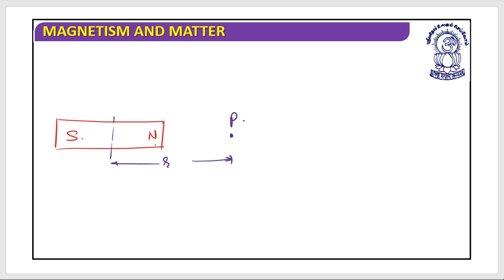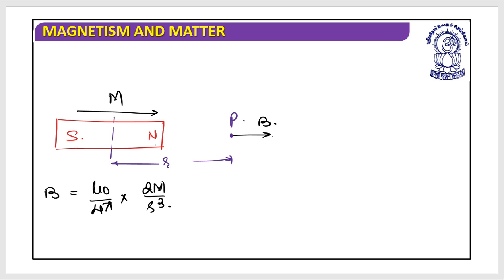As this is the south pole and this is the north pole, this is the magnetic dipole moment m, and this is the direction of magnetic field B. So here the magnetic field at the axial position is mu naught by 4 pi multiplied by 2m by r cube. And one more thing, the angle between m and B is 0, so they are in the same direction.